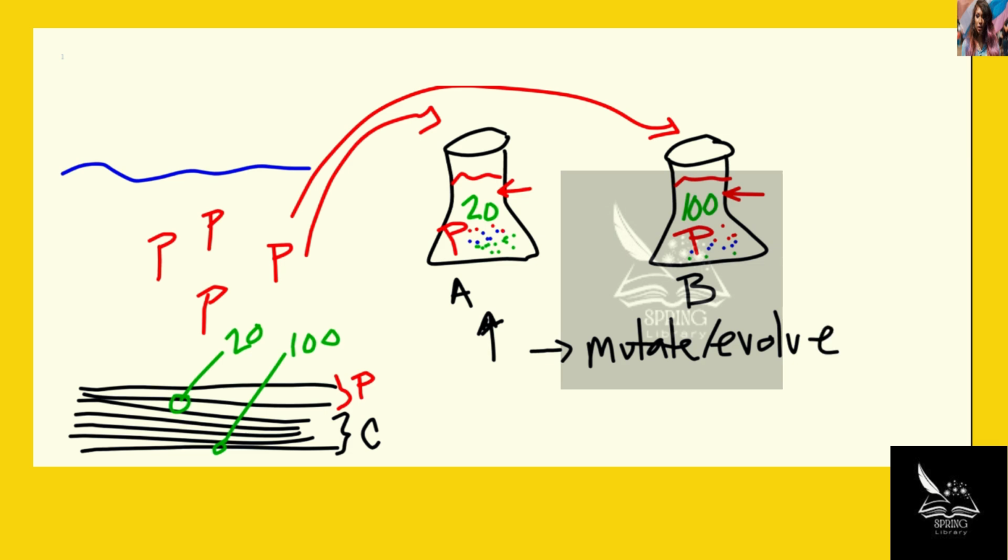And once it has evolved to be used to being around this pollutant, then it's going to start to look a lot like the endospores from 20 years ago, which had to do the same thing. So it's sort of a mini experiment of what happened in the marsh over the course of the last 25 years.